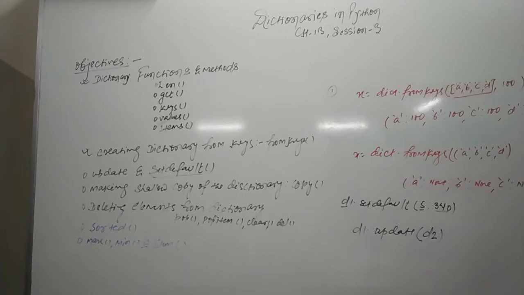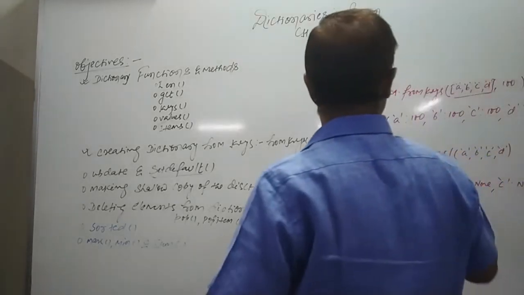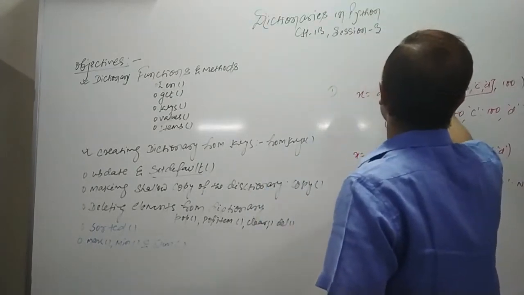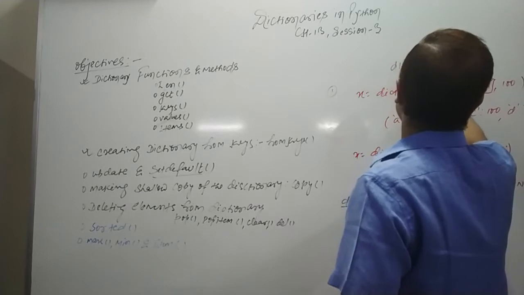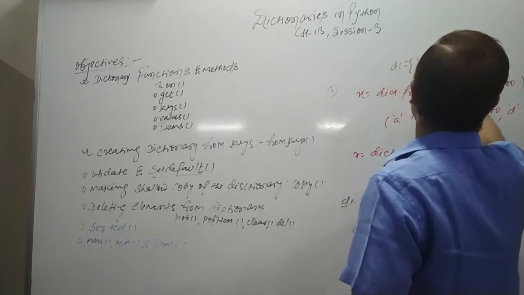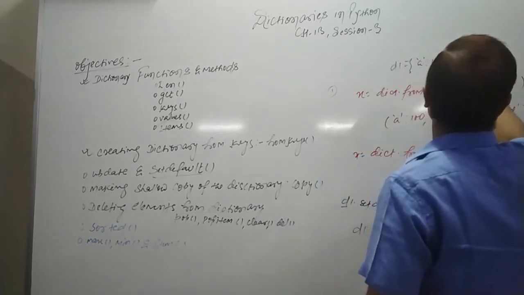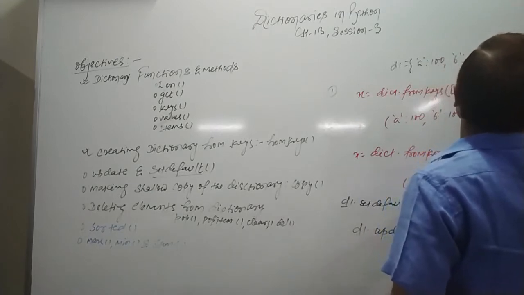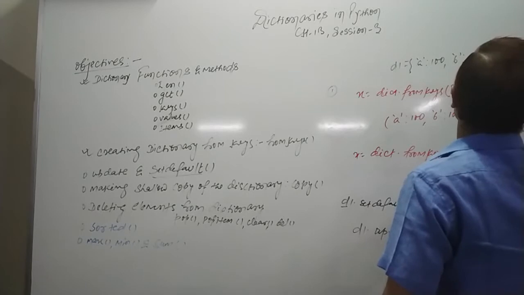Suppose I have a dictionary, any dictionary you can take as the example. Suppose I have a dictionary like d1 equal to, and then we have a: 100, and then b: 200, and then you have c: 300.